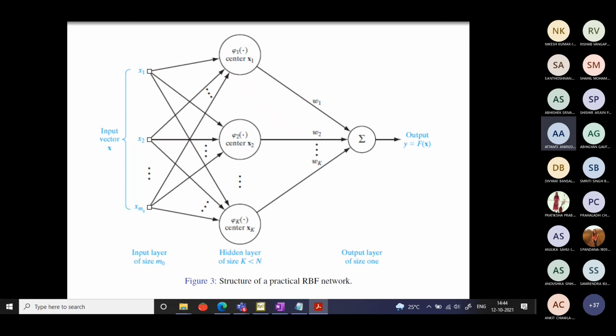I talked about the filtering problem and the LMS algorithm. The beautiful thing about the RBF structure is that any nonlinear filtering problem can be mapped to a linear filtering problem just by mapping into a higher dimensional space. By the same analogy, we can do this, but now the question is how do I get this?